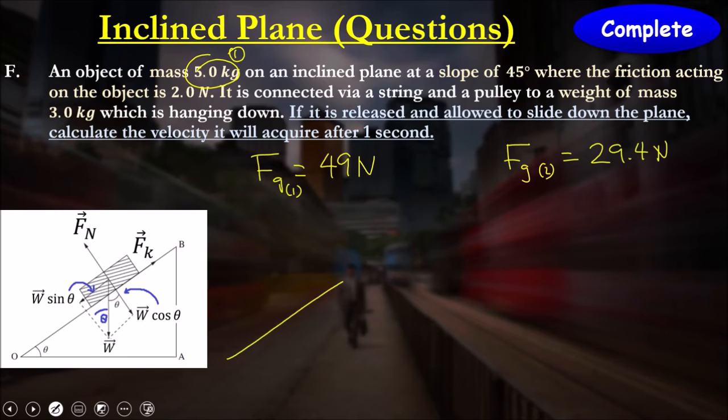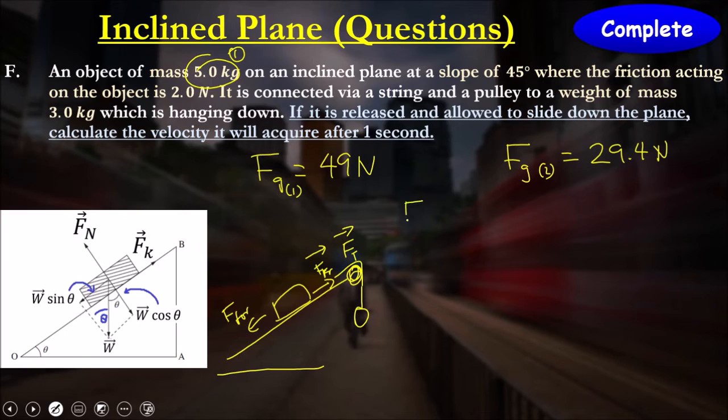If I draw it out, it looks something like this. So we have an object, we have friction force, we also have tension force from our pulley, both going this way, and then we have our forwards force going down that way.